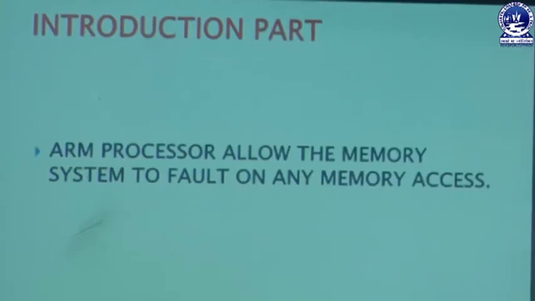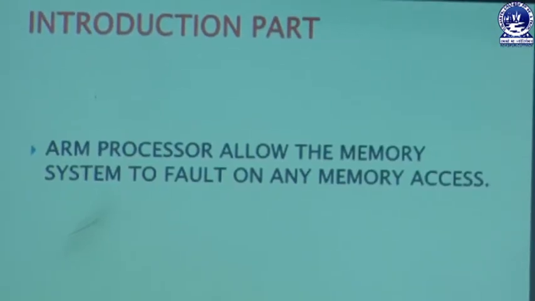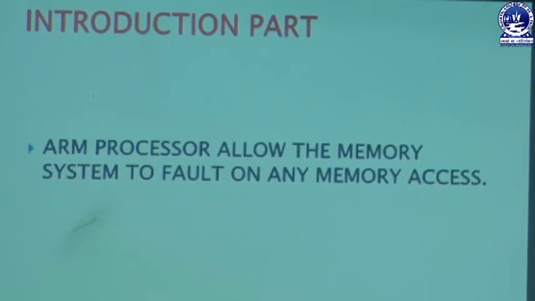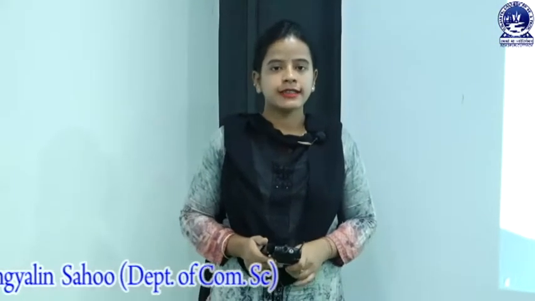Here the ARM processor allows the memory system to fault on any memory access. That means the ARM processor provides a memory management unit which handles any type of fault that occurs when memory is accessed for performing any task.